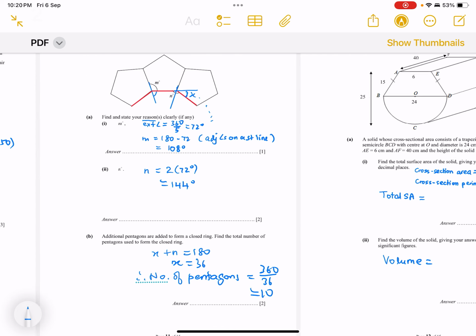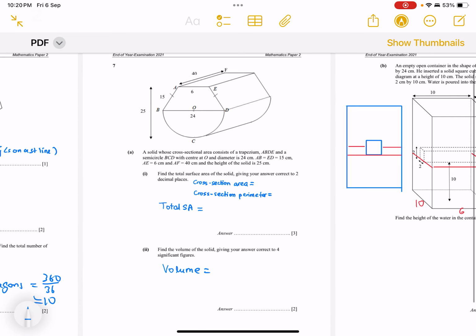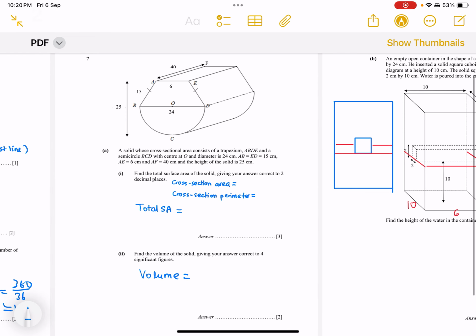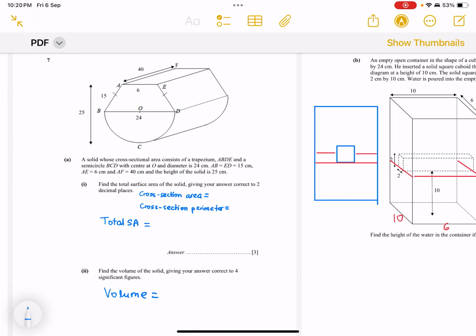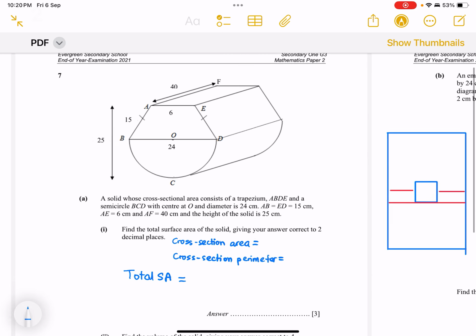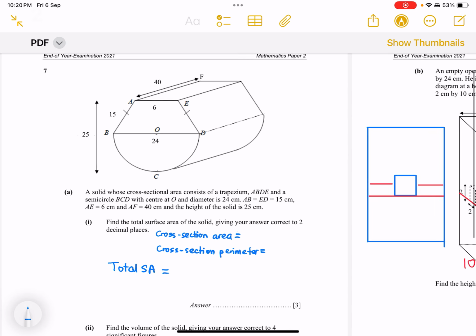Now in the next sum we have a prism. For a prism, we always do the same thing: first find the area of the cross section and then the perimeter of the cross section.